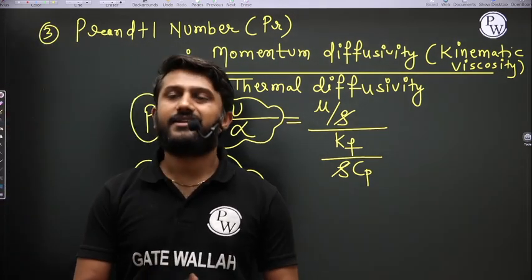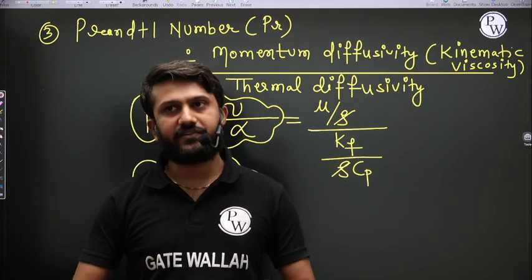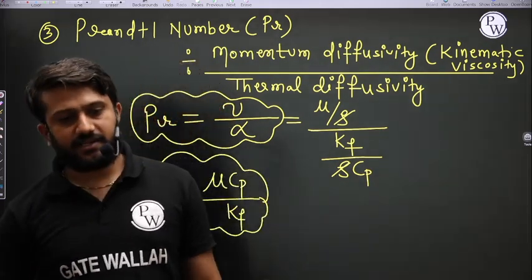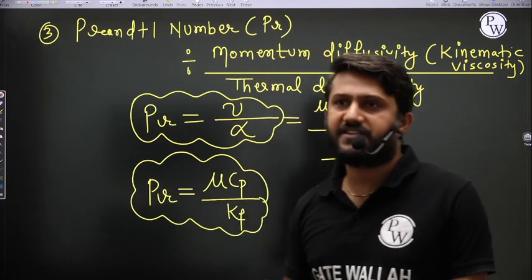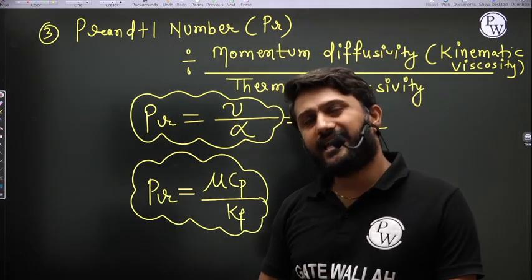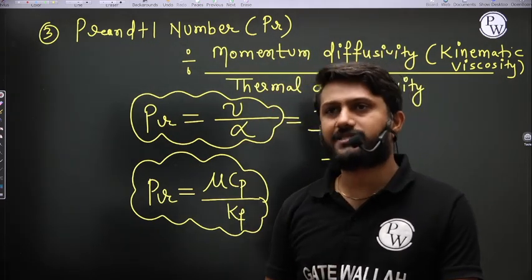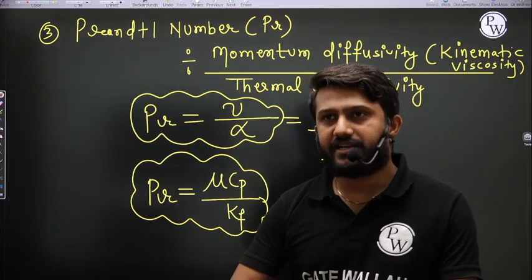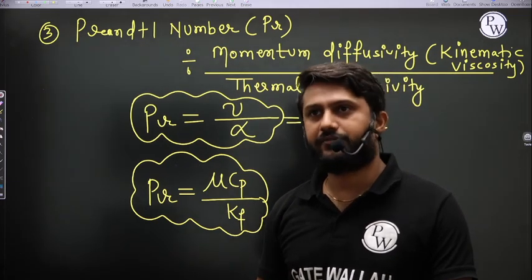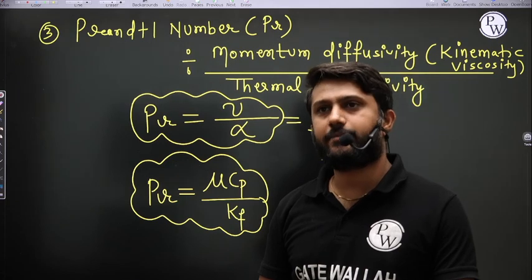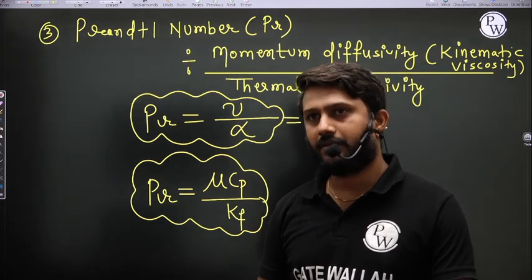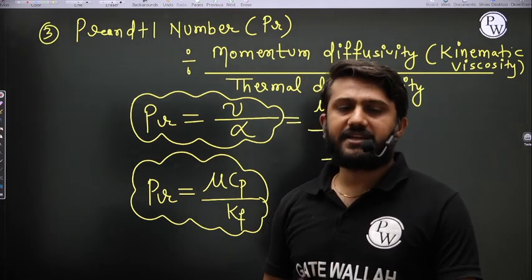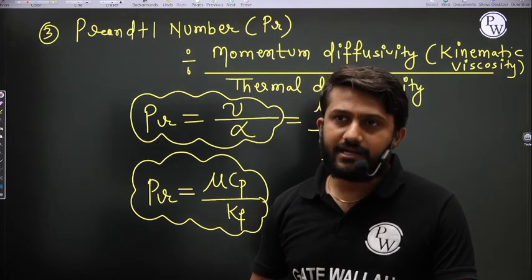What is mu? Dynamic viscosity. What is Cp? Specific heat at constant pressure. If there is an incompressible substance, there is only one specific heat, because for an incompressible substance there is no concept of specific heat at constant pressure or constant volume. And Kf is the thermal conductivity of the fluid.